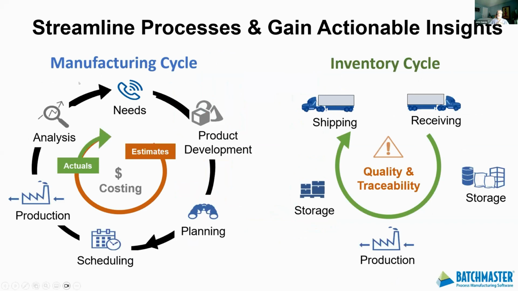So these are the cycles that we control. If you're working with a manufacturing customer, they'll know these particular steps through their manufacturing cycle: product development, planning, scheduling, production, analyzing it, and going around the circle, looking at estimates of cost through the actuals, and then through the inventory cycle: receiving, storage, production, storage, shipping.